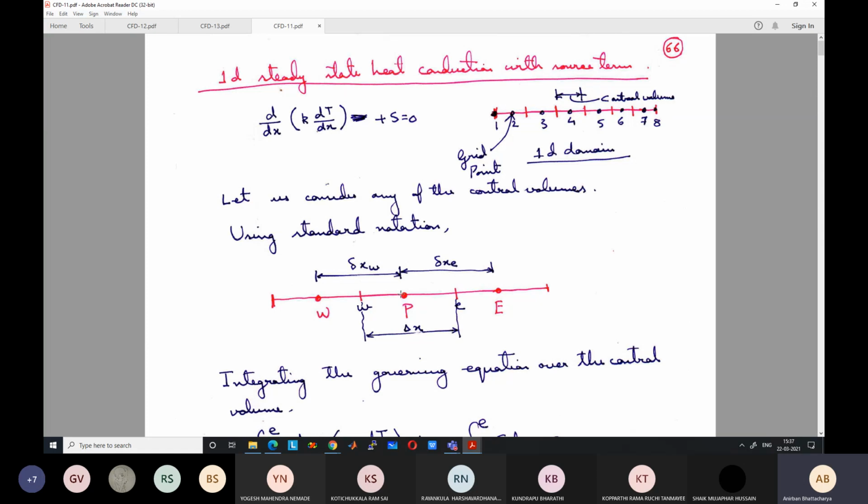Typically, this grid point is denoted by the symbol P. The right side neighbor, or east side neighbor, is denoted by capital E, and the left side neighbor, the west side neighbor, is denoted by capital W. Similarly, if there is something on the north side on the top, it will be called N, and if it is a 2D problem, something in the bottom we will call S. If it is a 3D problem, we also have two other nodes, top and bottom, T and B. These are standard practice.